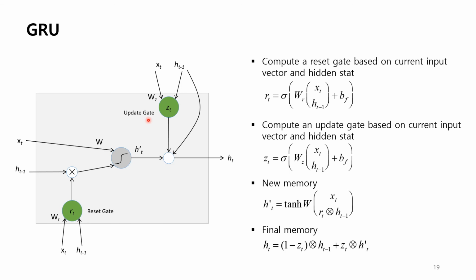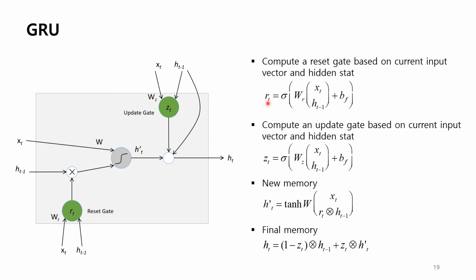Those gates were implemented using x_t and h_{t-1} as input, and they use sigmoid as an activation function. Same thing here in GRU, it has two gates, and these gates also use x_t and h_{t-1} as input, and they use sigmoid as an activation function.